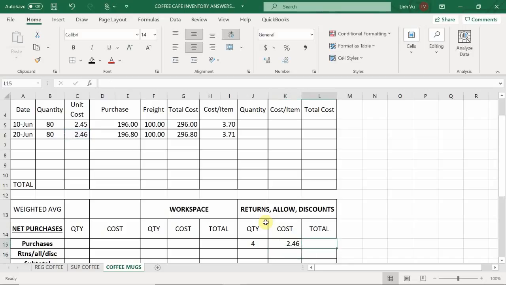So how much is my grand total for my refund? $9.84. Okay? So right here already tells me this is the exact amount that I need to record in my books. Okay?